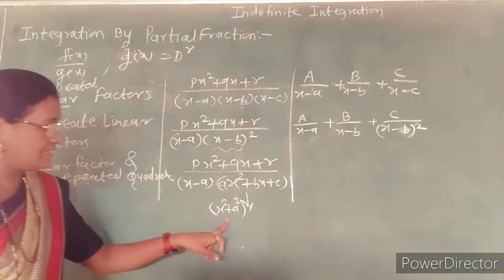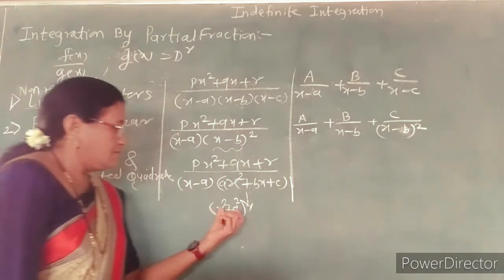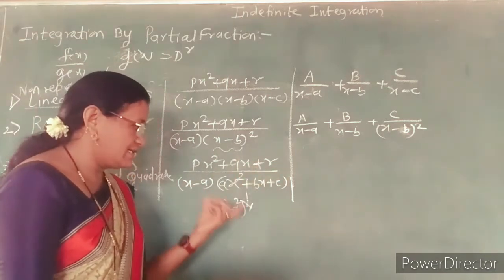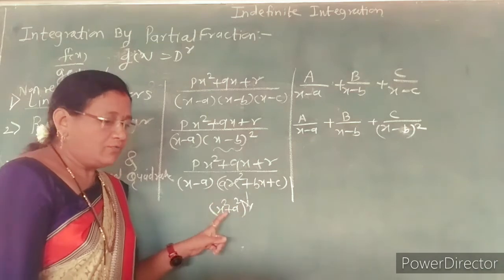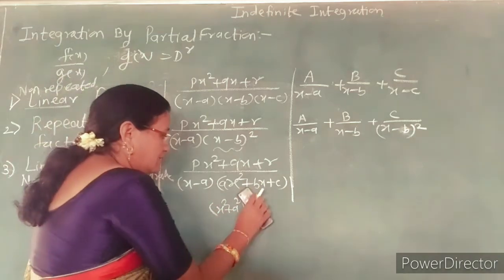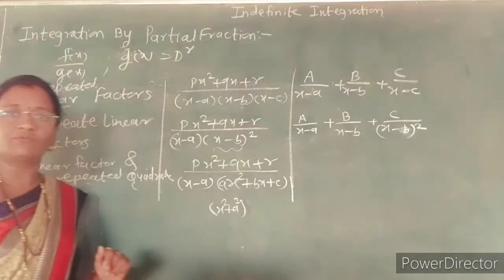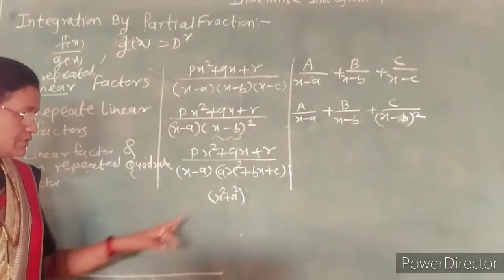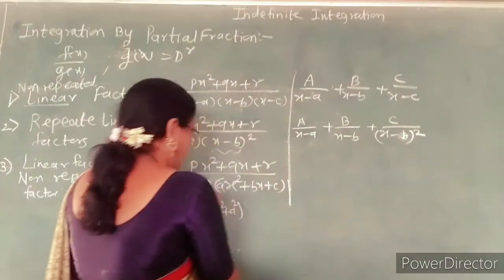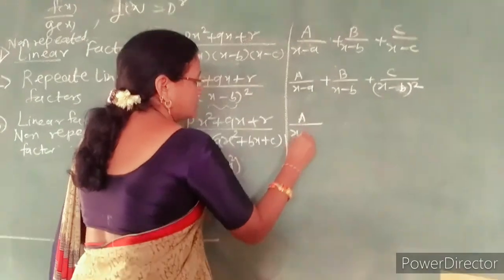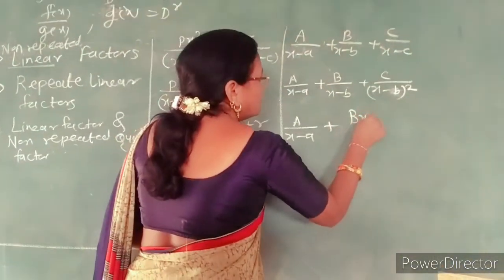Now for this case, its solution can be obtained only in the set of complex numbers. So we take the factors in terms of i, but we have to find the solution only in the set of real numbers. So that can be separated as first factor A upon x minus a plus second factor.